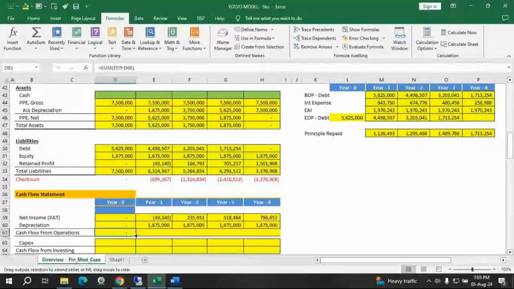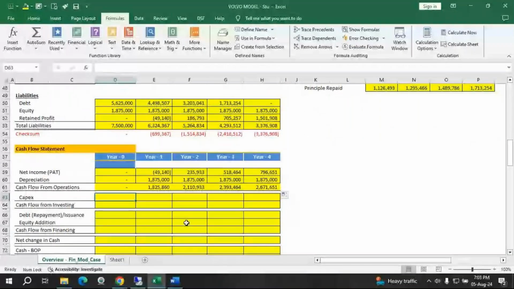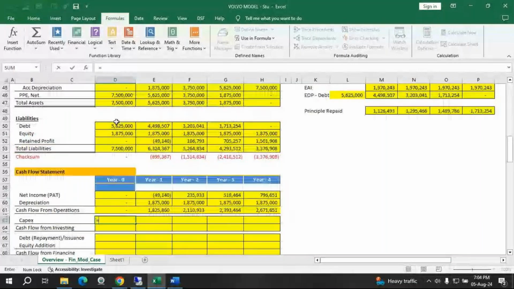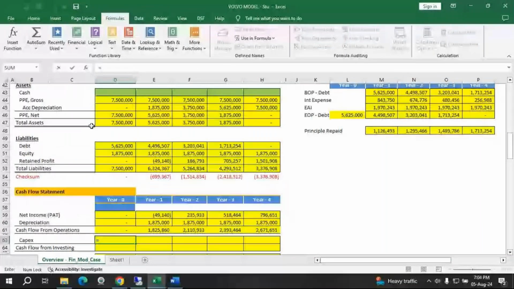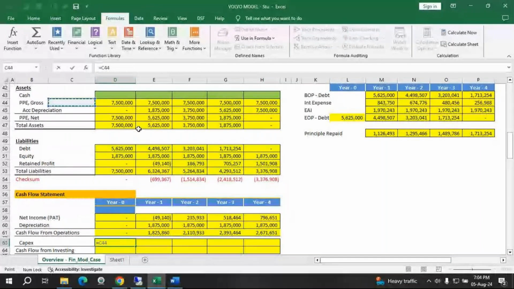Now capital expenses. How are we going to calculate capital expenses? It will be previous year plus current year. So capital expenses equals PPE gross minus current year PPE gross.